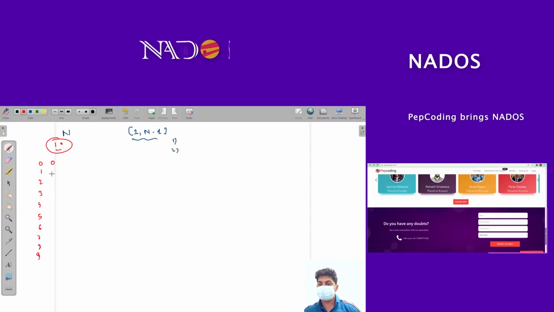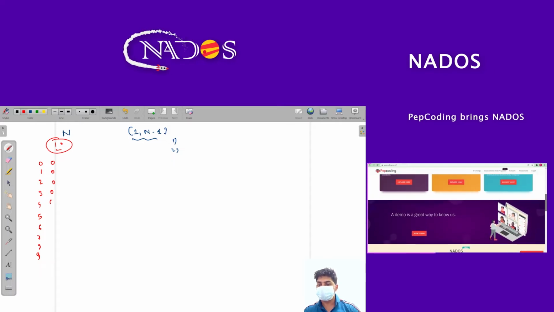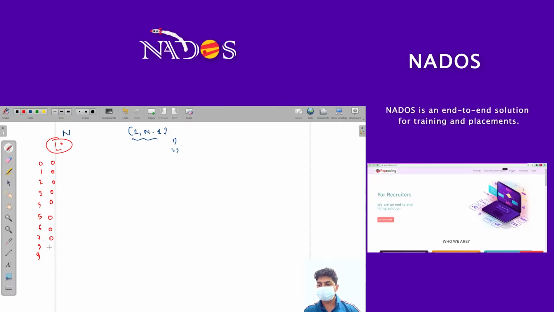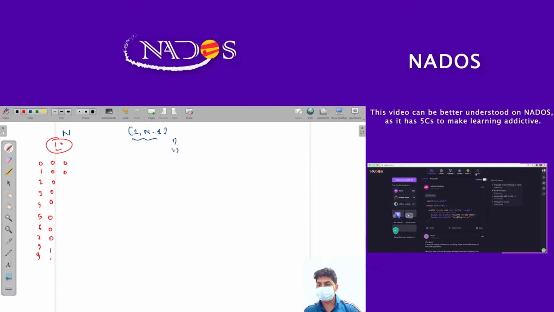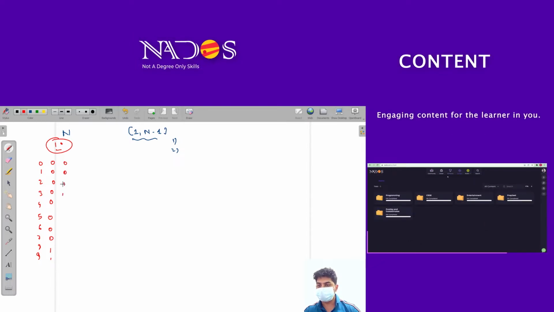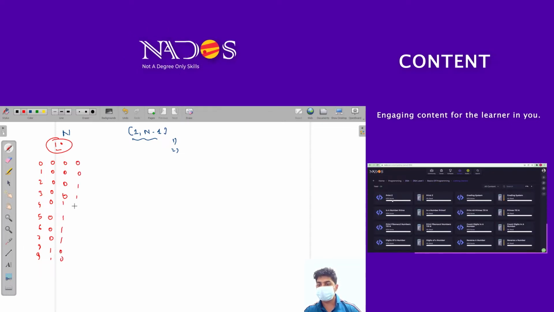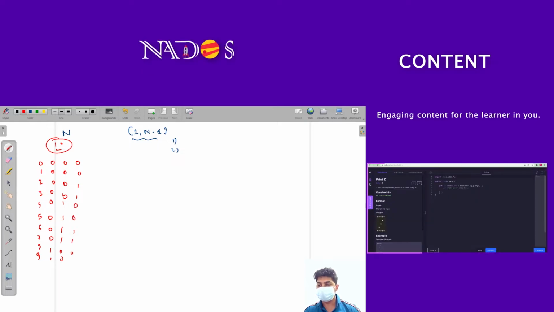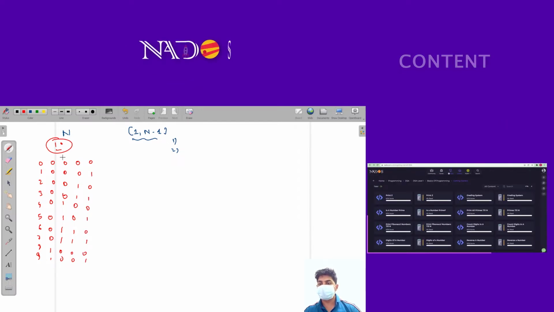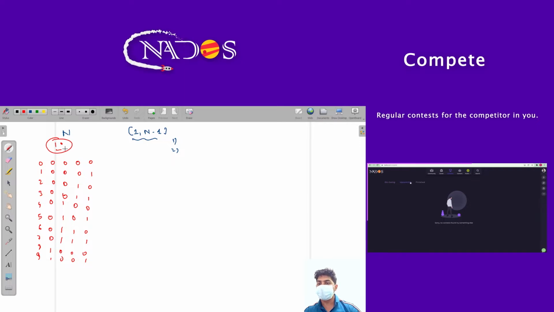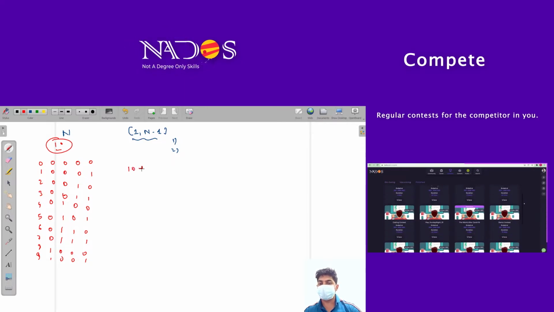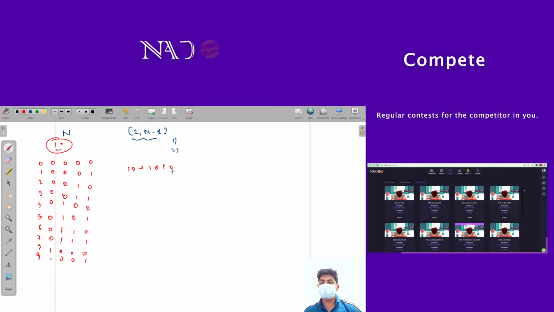So it will be 0 0 0. Okay, so these are the numbers in the range 1 to n minus 1, and our number is 10, and the binary of 10 is 1 0 1 0. So this is the binary for 10.